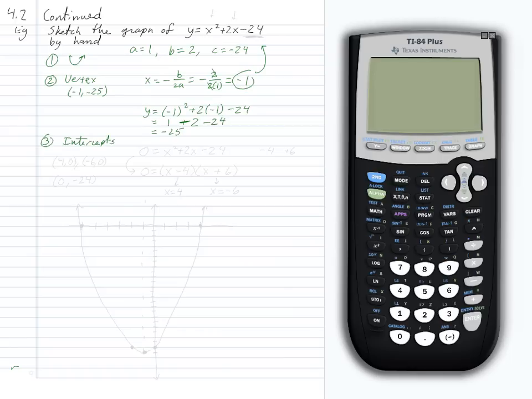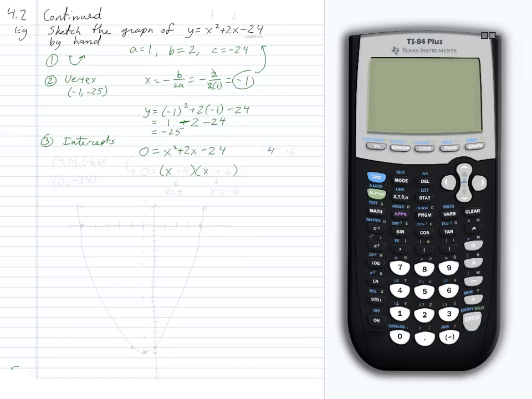Okay, our x-intercepts we find by setting y equal to 0. And let's see if we can factor this one. We've got x squared, 2x, and negative 24. So again, I'm looking for factors of negative 24 that add up to 2.